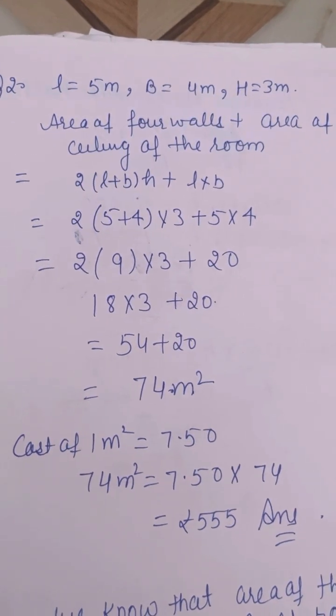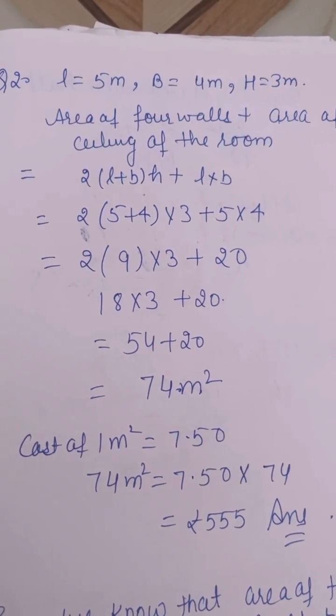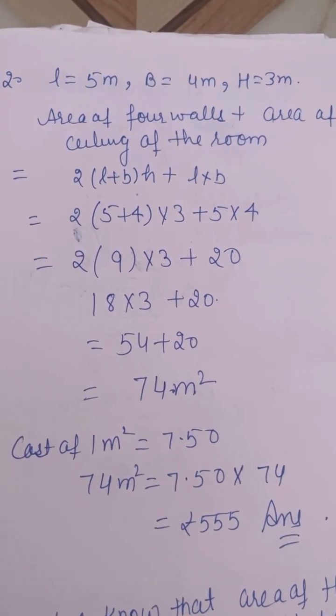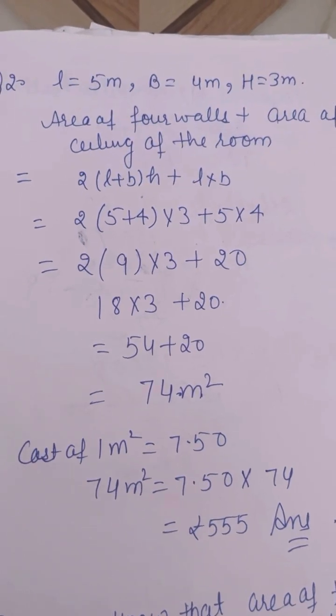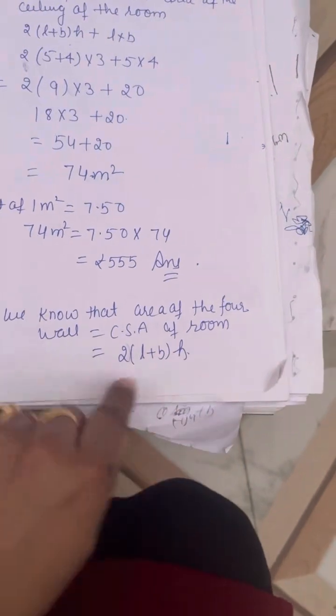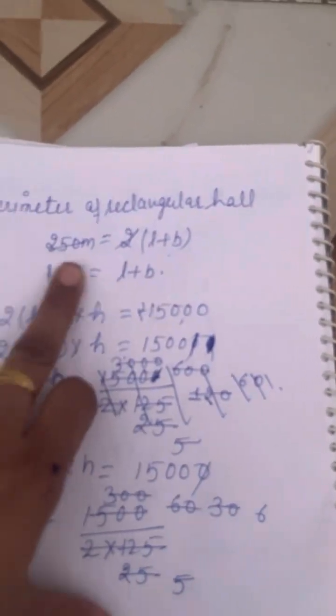So you have to find the height of the hall. What will we do in this? We will find the area of the 4 walls. The area of the 4 walls is equal to 2 into (L plus B) into H, and the perimeter is given as 250 meter. So the perimeter is 2 into (L plus B), which is equal to 250. We know that the area of the 4 walls is the curved surface area of the room, 2 into (L plus B) into H, and the perimeter of the rectangular hall is 2 into (L plus B), 250 meter given.